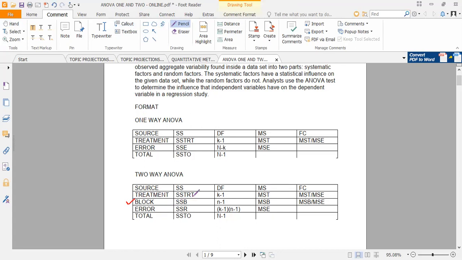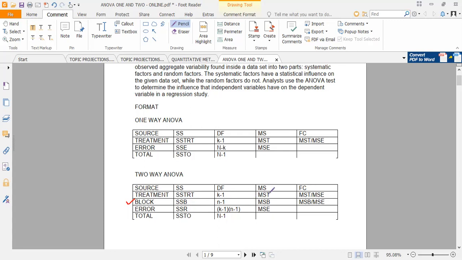The sum of square treatment, SSTRT, sometimes just left as SST, the sum of square block, sum of square error, and sum of square total. The degrees of freedom are K minus 1, N minus 1, and the product (K minus 1) times (N minus 1), then N minus 1 under total.